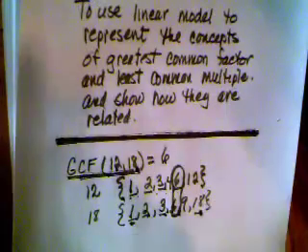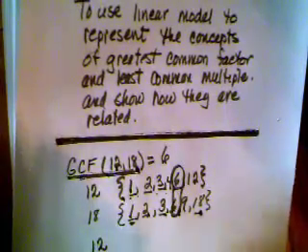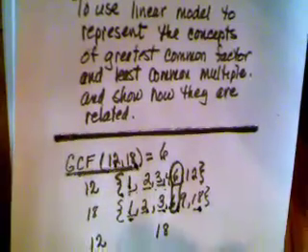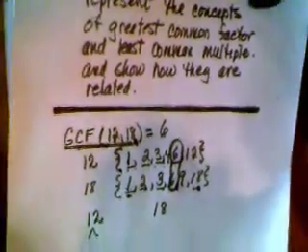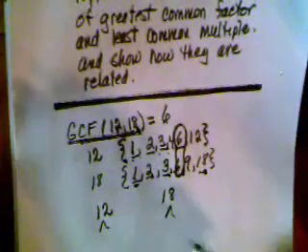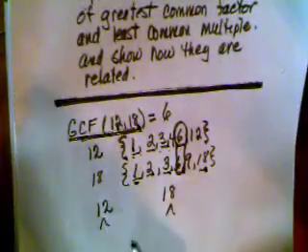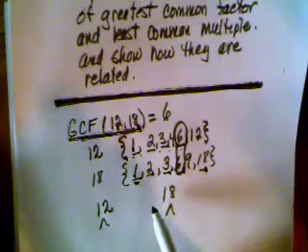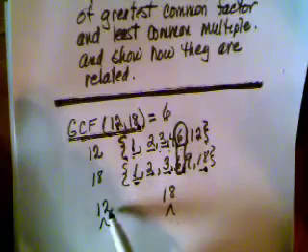Another way that is common is to do the factor tree, where you use only prime numbers to multiply to get the factors of 12.